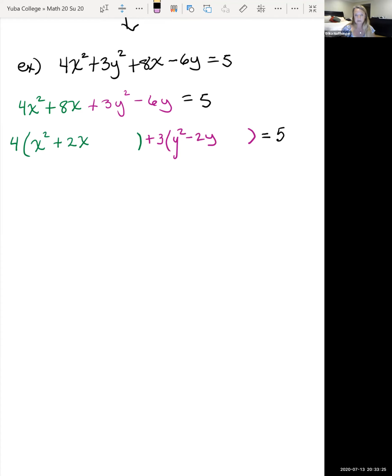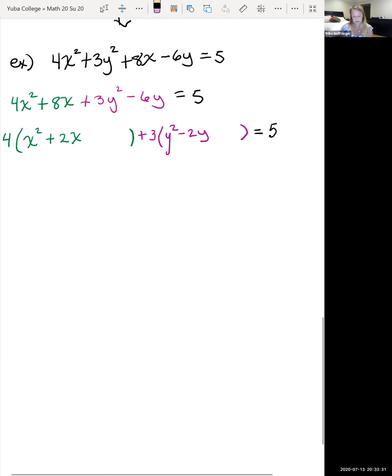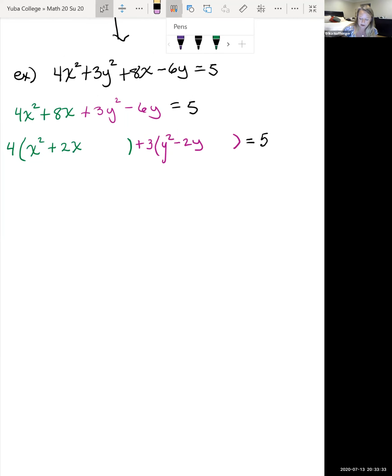If we're going to add something inside, then we need to add something on the other side of the equal sign to keep it equivalent. We're going to have to do that for the x terms and for the y terms. We need to be a little bit careful here, and I'll explain why in a minute.